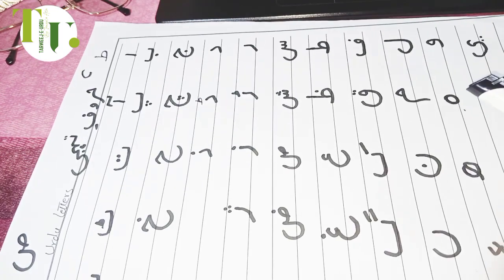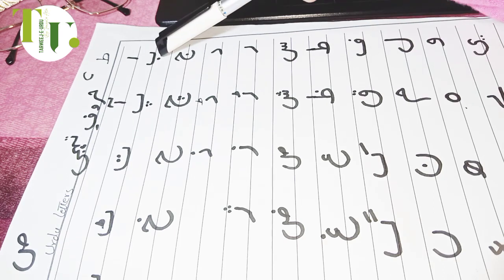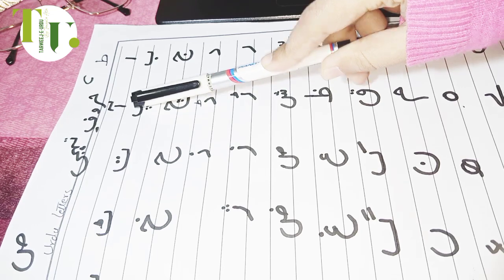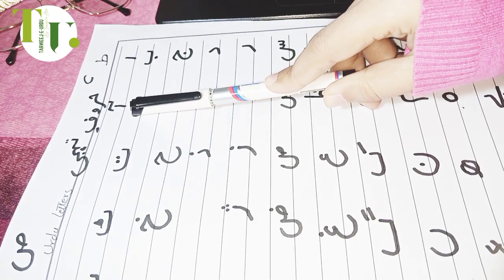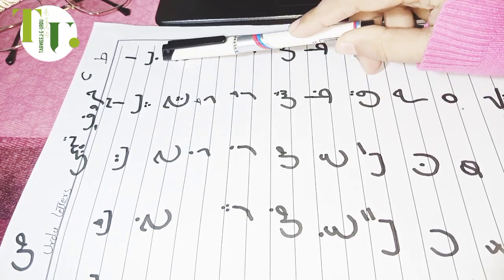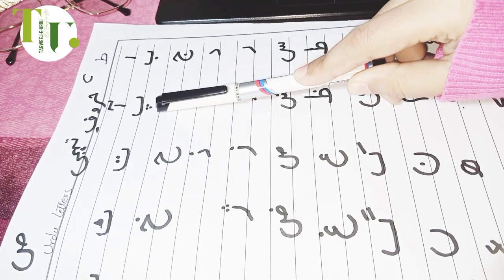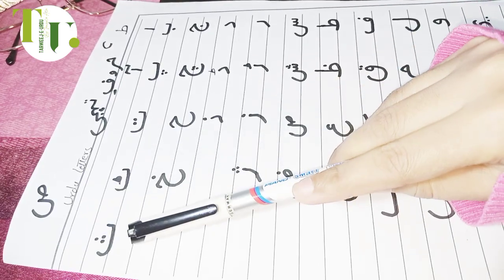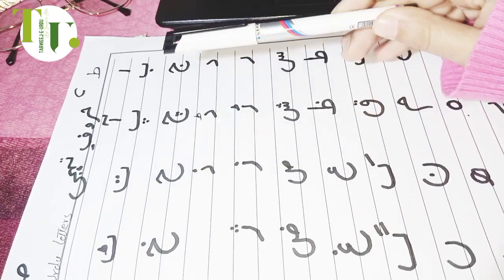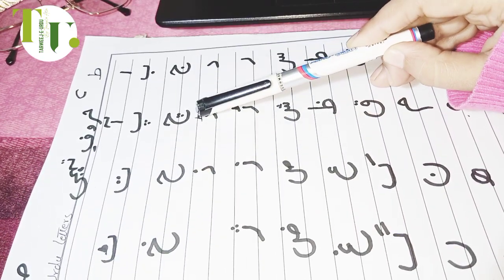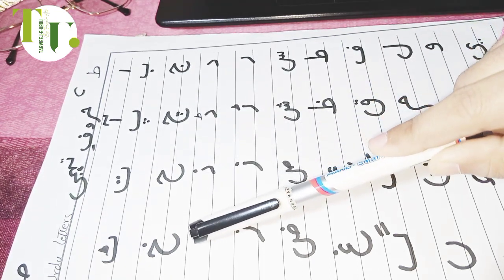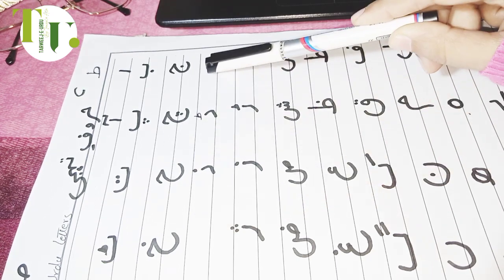Okay, now we are going to read it again. You have to read after me. Alif, alif mad a, be, pe, te, te, se, jim, che, he, khe. Khe has a heavy sound.